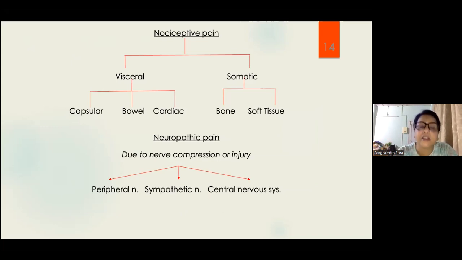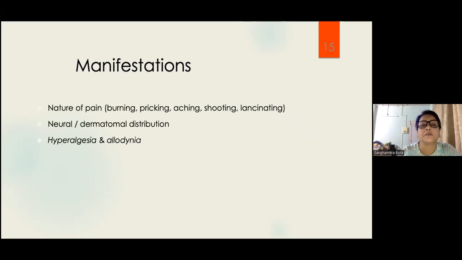Neuropathic pain is definitely due to nerve compression or injury. And this injury or compression may occur in the peripheral nerves, it may occur in the sympathetic system, or even the central nervous system. So it manifests as burning, pricking, aching, lancinating type of pain. And that is what we call the nature of the pain.